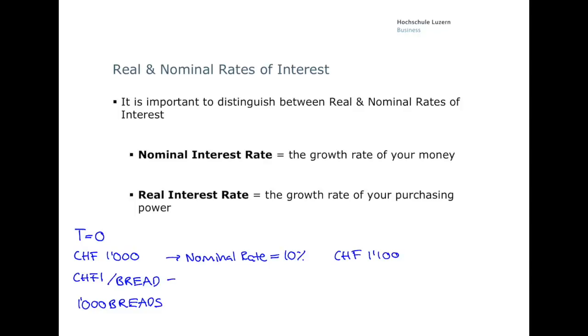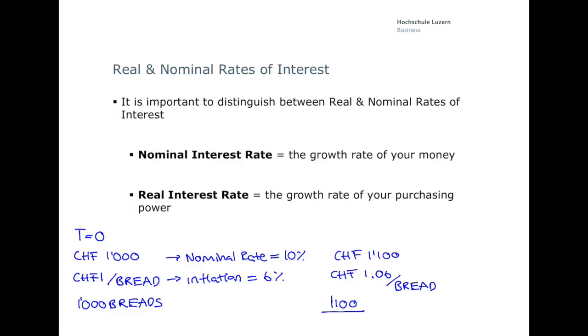So that means 1 year from now, your 1,000 Swiss francs is worth 1,100 Swiss francs. Now, as there is also inflation of about 6%, the price of your bread also increases to 1.06 per bread.